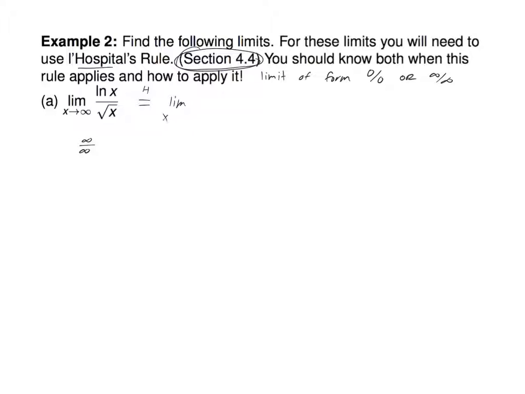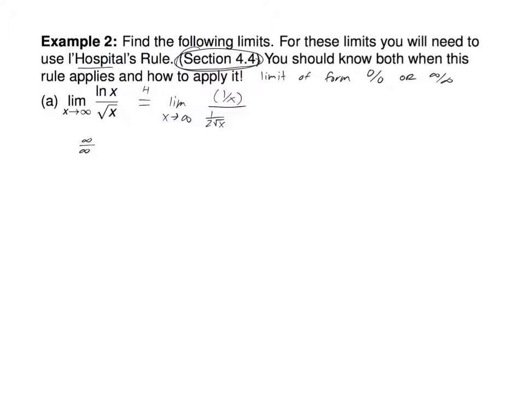What this rule lets you do is, instead of taking a ratio of the original functions, you take a ratio of the derivatives of those functions and take the limit of that instead. They're the same value. So what's the derivative of ln x? 1 over x, awesome. And how about root x? It'll be 1/2 x to the negative 1/2, or 1 over 2 root x.